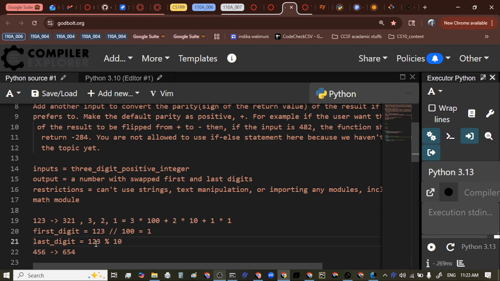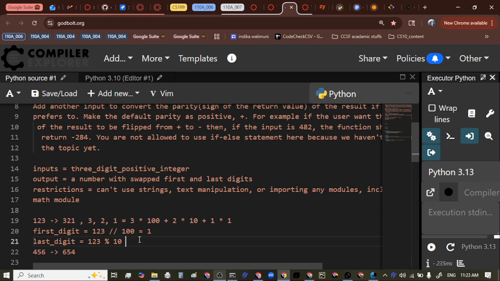Because 123 modulo 10 gets 3, right? These values should always be a power of 10, because we are dealing with decimal numbers. All right, so those are factual or domain knowledge.